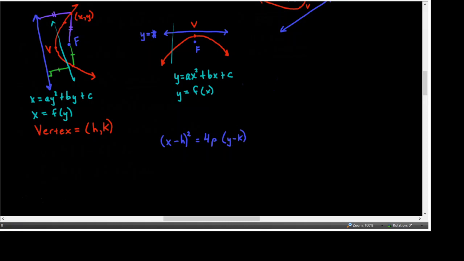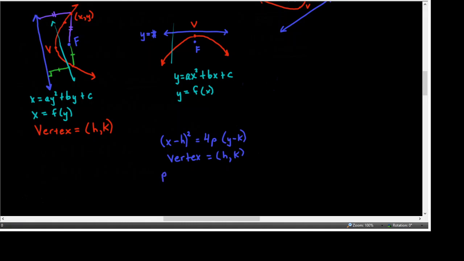And what that means is that it will either open downward or upward. If the focus had been on the other side of the line, that parabola would have opened upward. And those are the two possibilities for this equation. Let me talk about p. Well, first let me write this down because I already said it, but I think it'd be worth repeating. The vertex, of course, is, as I said earlier, (h, k).